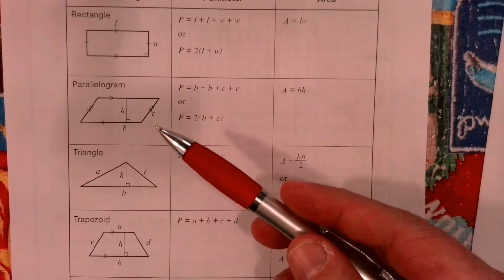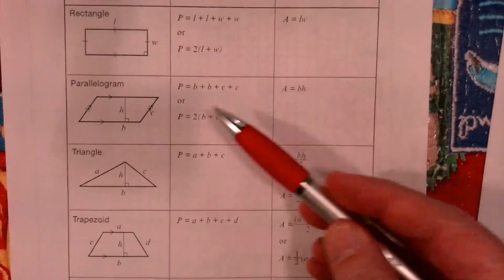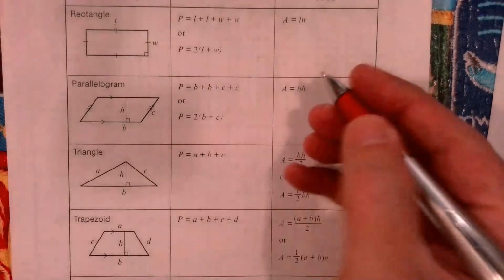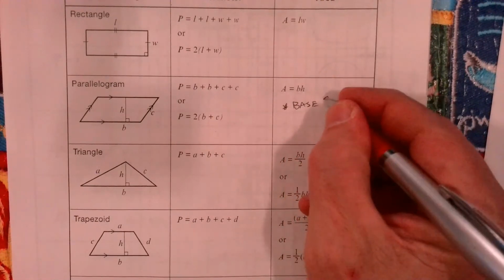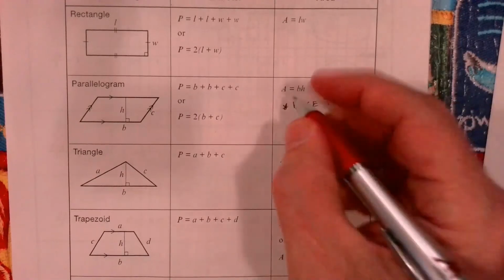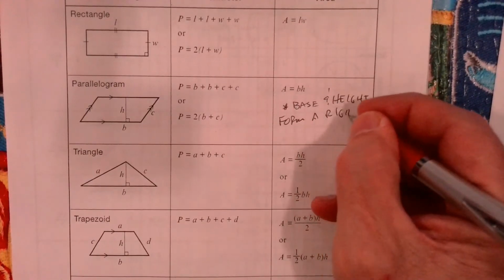So, when I get to a parallelogram, sometimes students make mistakes here because the area of a parallelogram is base times height. Well, sometimes students will take B times C. Well, here's the thing with an area. The base, and if you have this down, write this down. I'll let you use this on your test, so the more notes you take, the better. The base and height form a right angle.